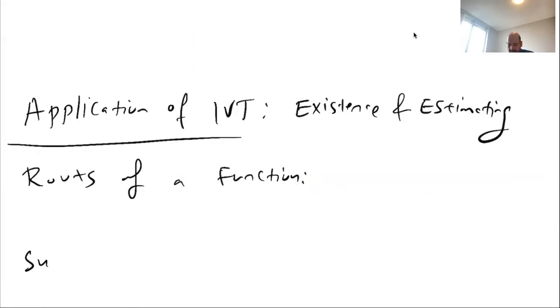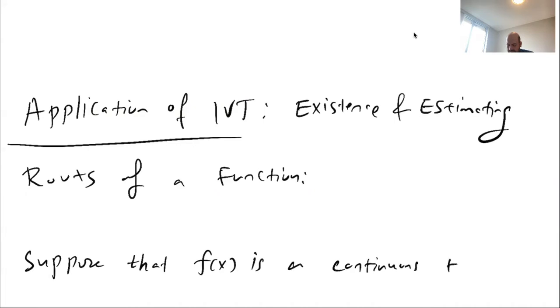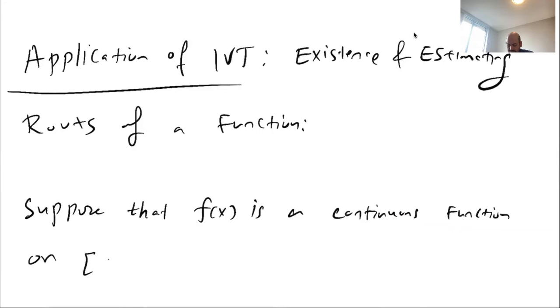Okay, so suppose that f of x is a continuous function on the interval a to b with f of a times f of b less than 0.